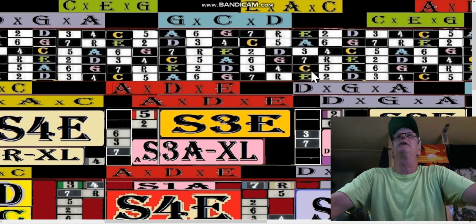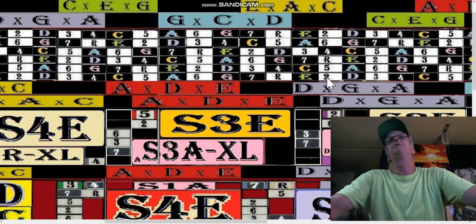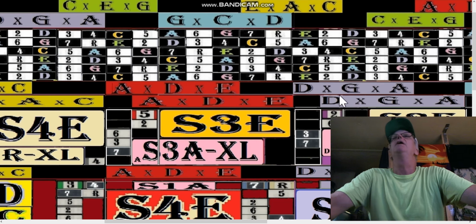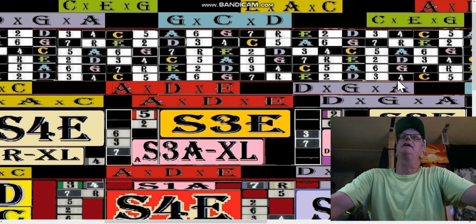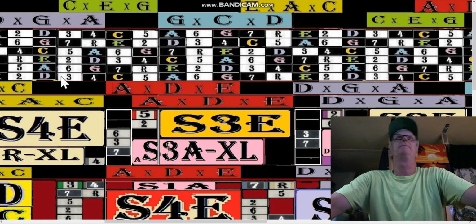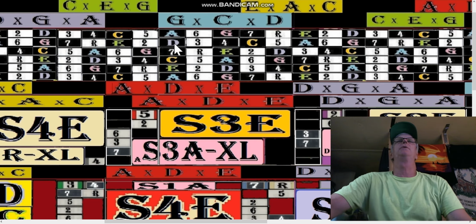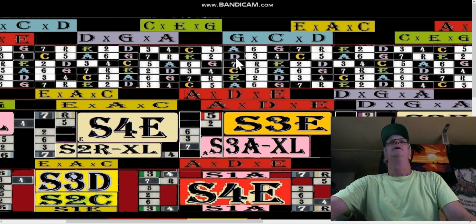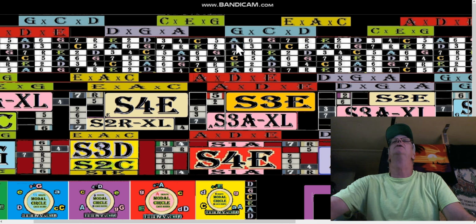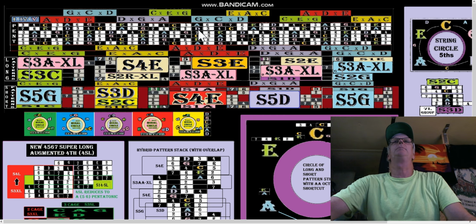In other words, if you go from this root, 2, 3, E, and move it up, then you get to the A, which is the 4th of E. But going to the left, it's an increasing pentatonic scale. Sorry about that. So that's what's going on a little bit with this chart here. It's just a little background.